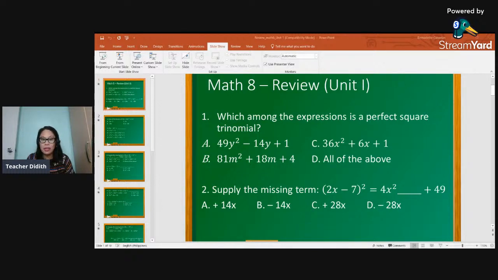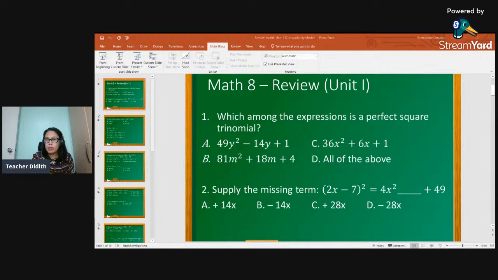Let's find out, guys. Supply the missing term. So, the left side of the equation is the square of a binomial. So, recalling squaring a binomial, we follow this pattern, right? So the square of a binomial is always the square of the first term plus or minus, depending on the sign of the binomial, twice the product of the first and the second term plus the square.